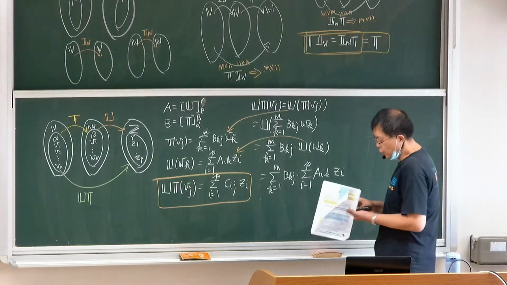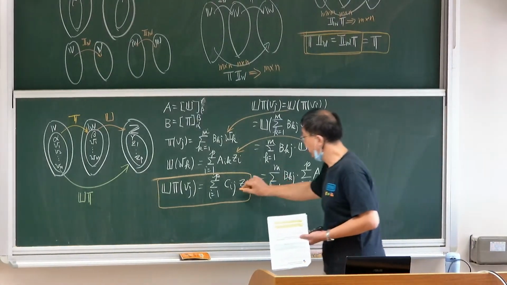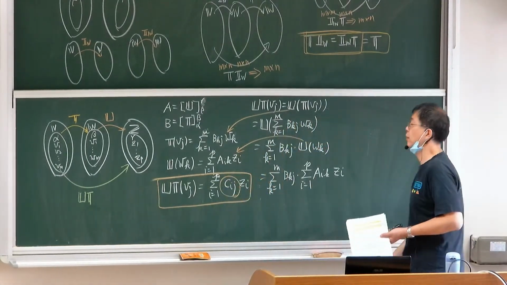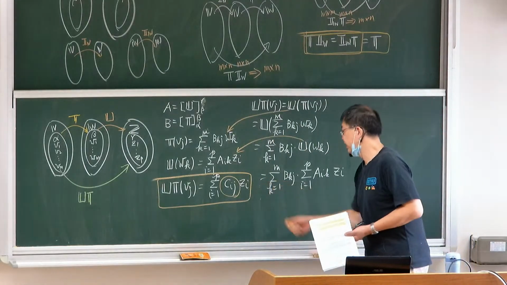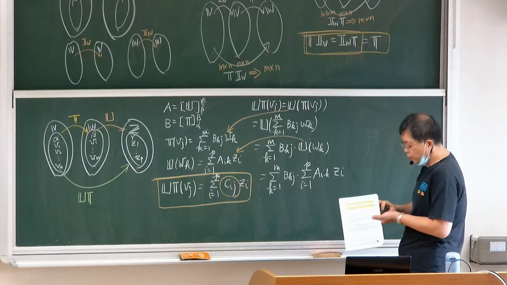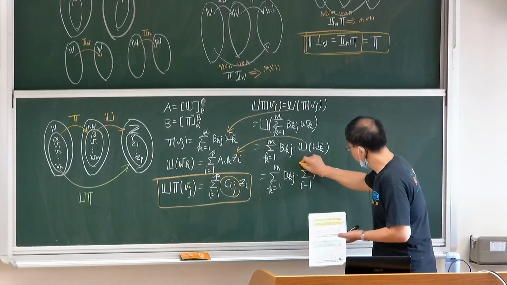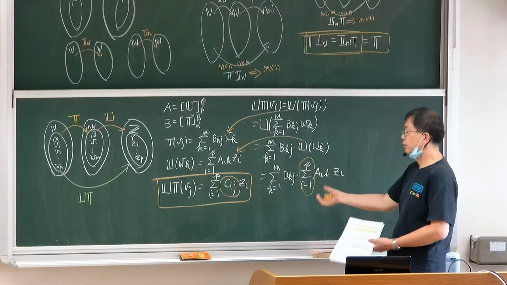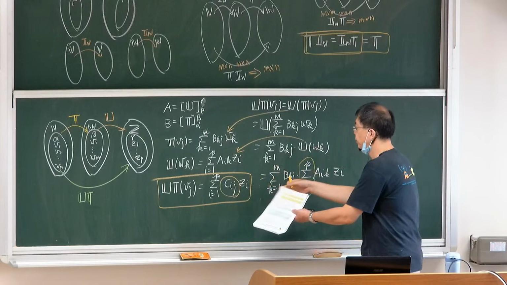What we are going to find is what is Cij. So then we move this summation term out.